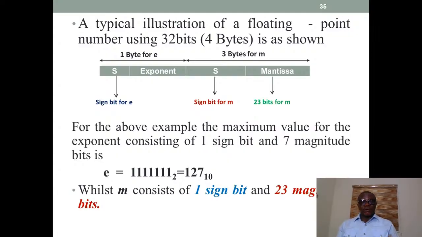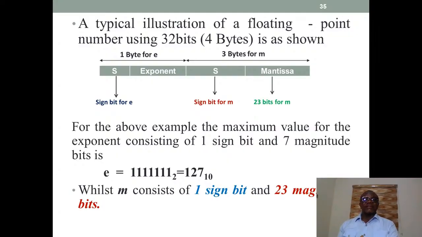That is why you have some calculators, if you raise anything to a power more than 127, it gives you an error because it is limited to 4 bytes or 32 bits.